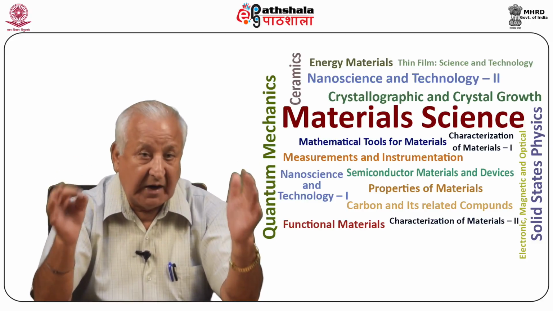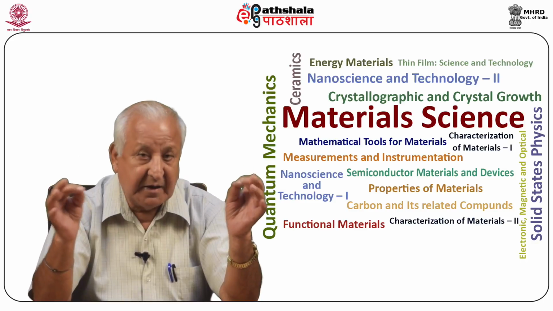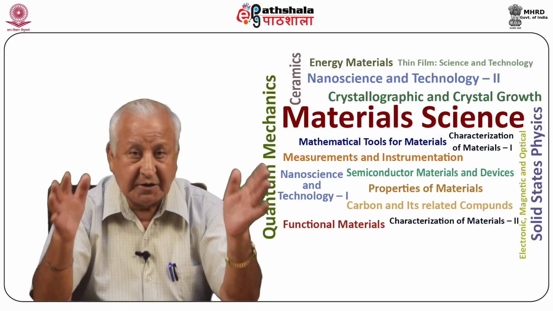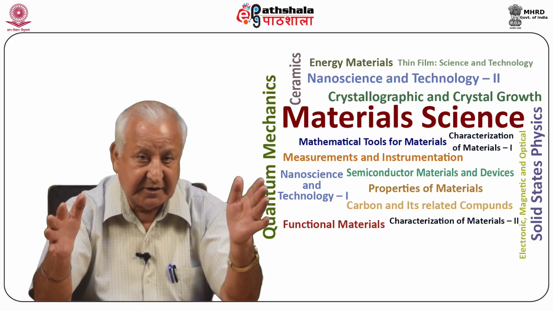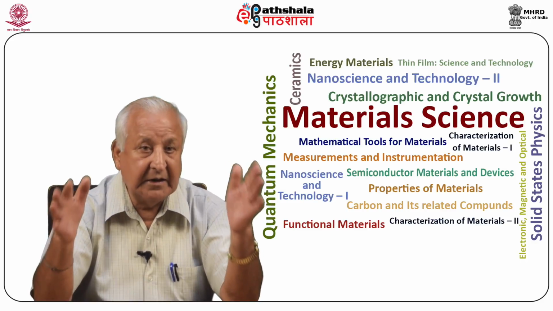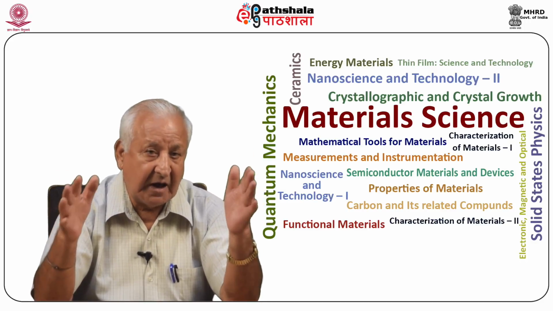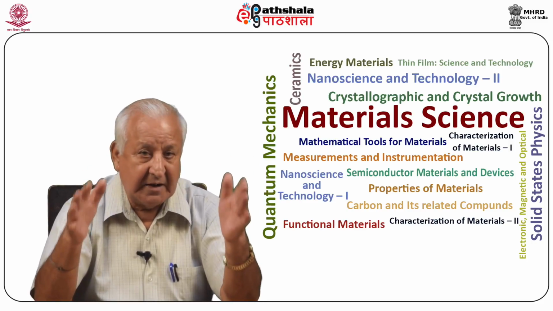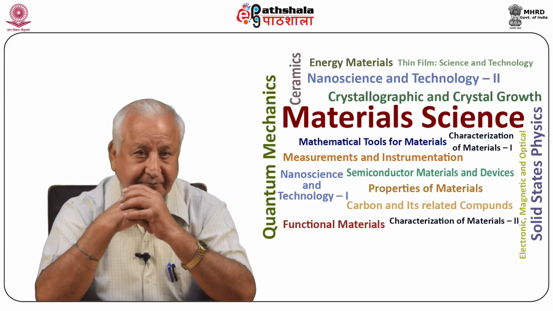If b is one lattice spacing, approximately equal to 2 cross 10 raised to minus 8 centimeter, Ed is of the order of 7 electron volt per atom length of the dislocation.